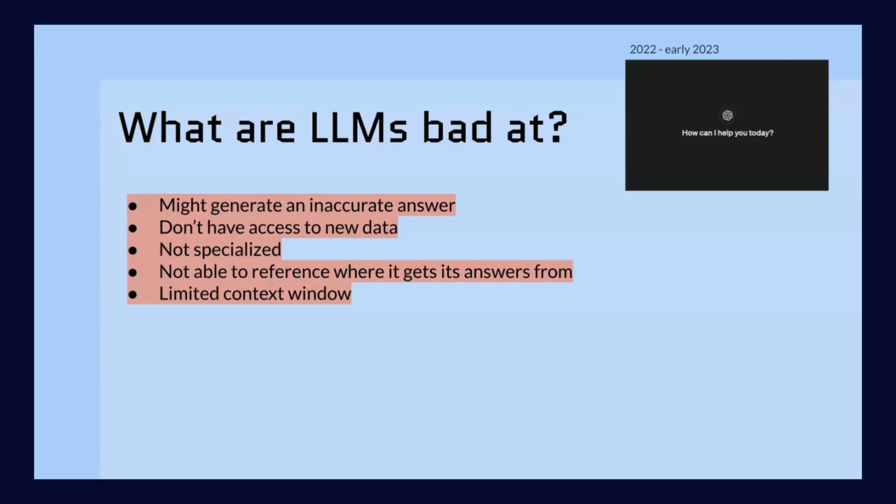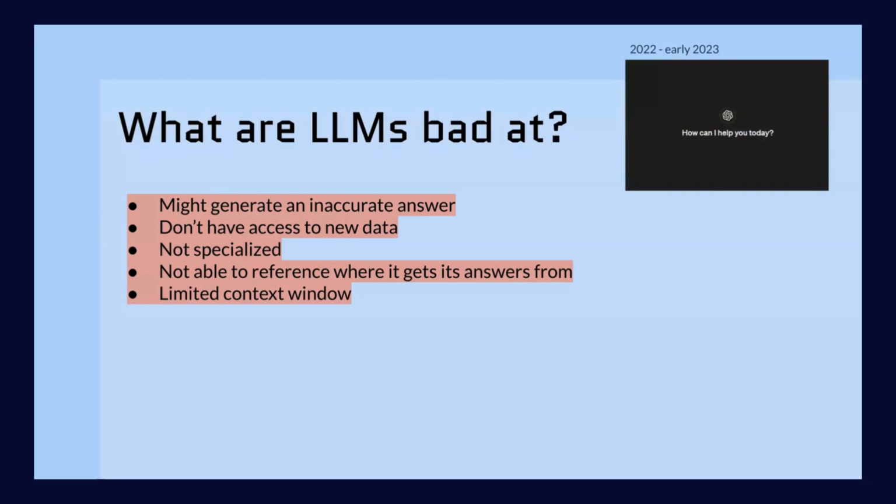Well, here's the list. Of course, we said that it might generate inaccurate answers, hallucinations. It didn't have access to new data. It only had data that it was trained on. It wasn't really specialized in anything. It had a general knowledge of how to do a bunch of things, but once you get into something you wanted to focus on, it had trouble doing that.